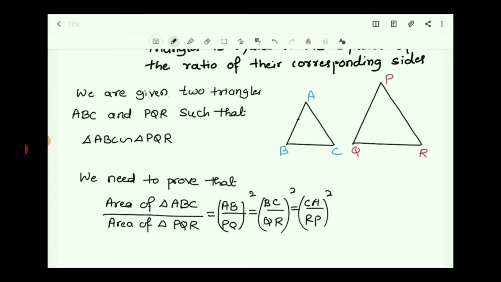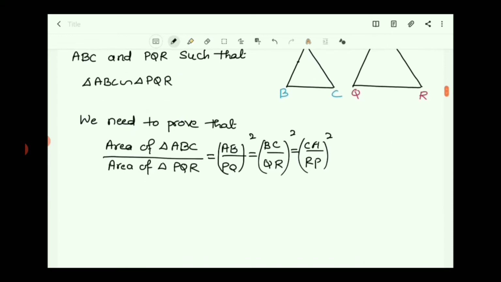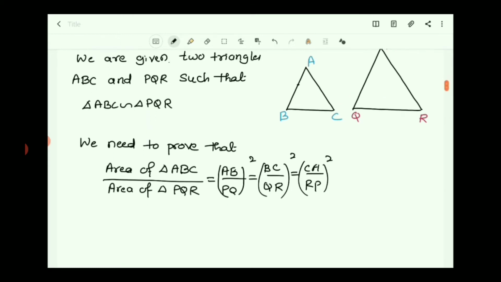To prove this, here you must take the formula for the area of a triangle. You know the formula to find the area of the triangle: area of triangle is equal to half into B into H. So take area of triangle ABC.